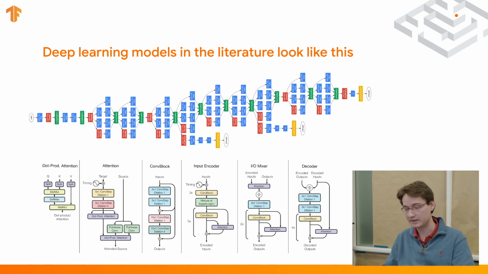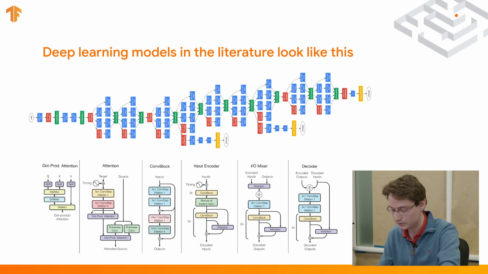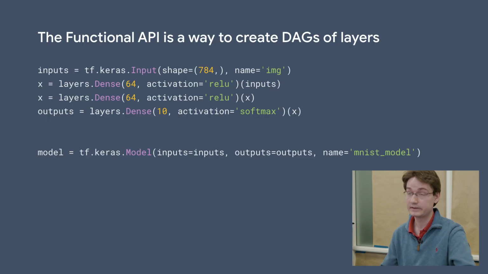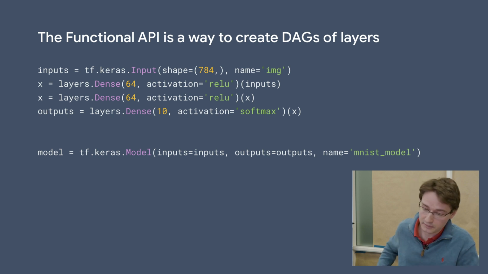On top you have Inception V3, at the bottom you have various bits of a transformer. These are directed acyclic graphs of layers connected with arrows. There's an API in Keras for configuring the connectivity of a directed acyclic graph of layers. It's called the functional API. It looks roughly like this.